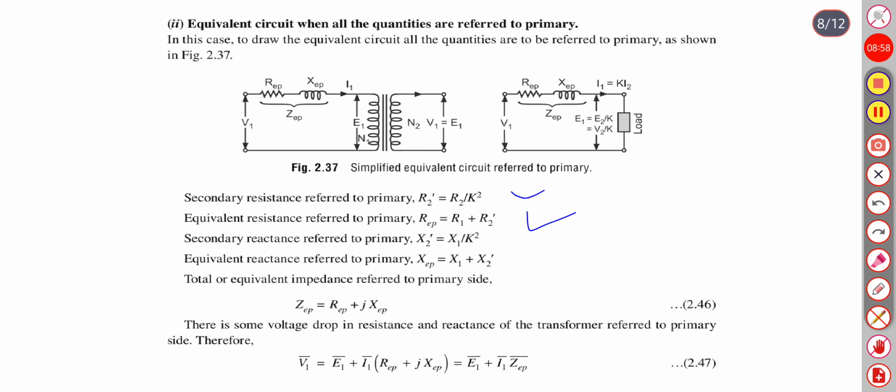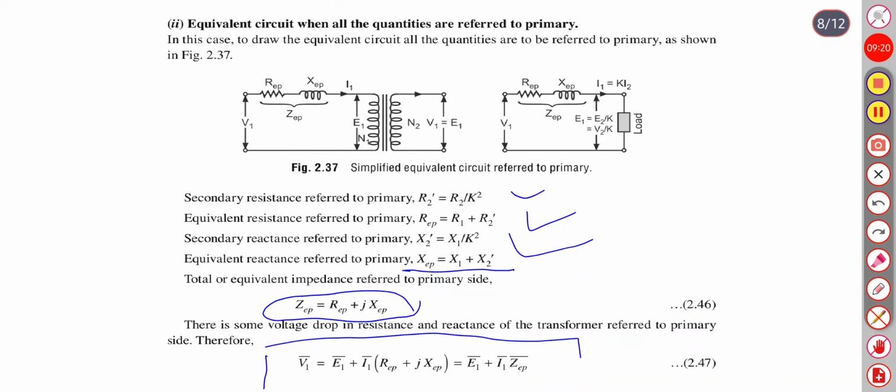Secondary reactance referred to primary will be X2 dash equals X2 upon K square, and the equivalent reactance will become X1 plus X2 dash. Total impedance referred to the primary will be REP plus jXEP, and the voltage V1 will be E1 plus I1 Z equivalent.